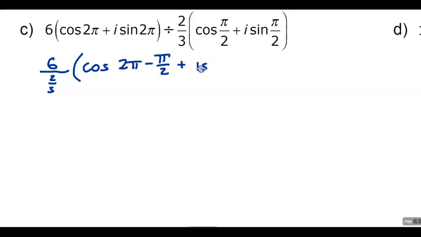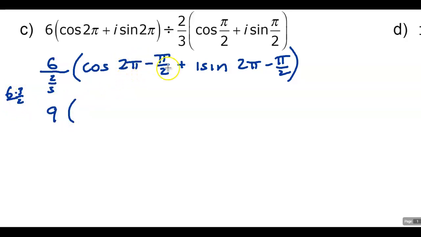Okay, and let's see here. 6 divided by 2/3 will give us 9. We need to do that with the fractions: 6 times 3 over 2, 18 divided by 2 gives us 9. We have 9.